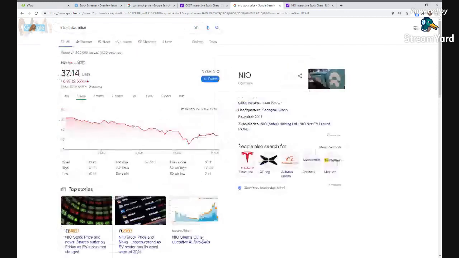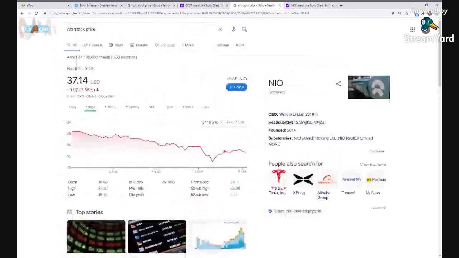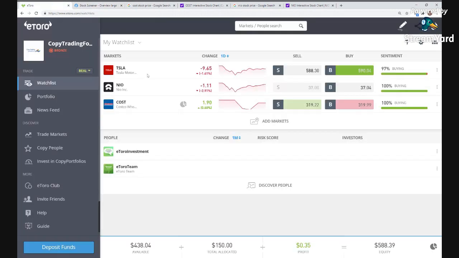I'll just expand that up. You can see there it dropped last Friday to 32.63, but 33 would be a good point to buy there too. If it drops to 32, I might invest the other half of my $150 in NEO. But let's go back to eToro. Okay, you can also do some research.